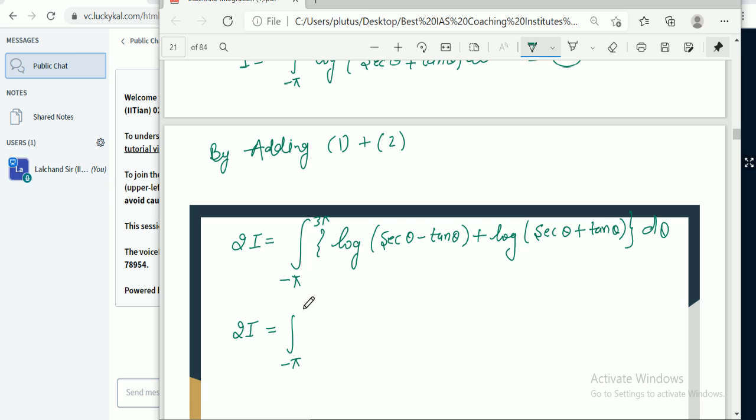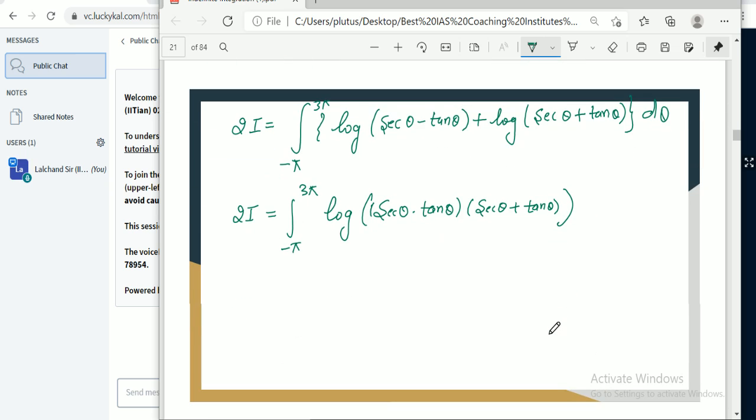If we apply the logarithmic property of sum, we can write log of (sec theta minus tan theta) into (sec theta plus tan theta).